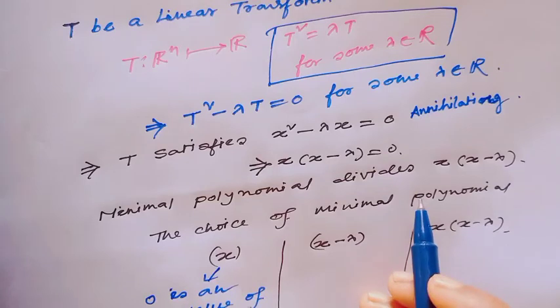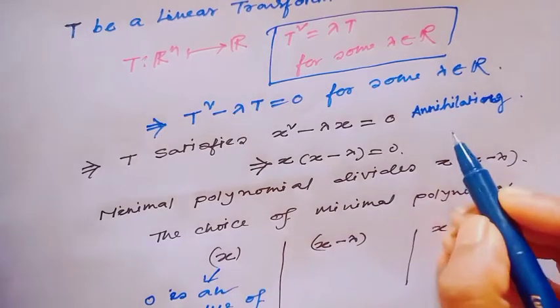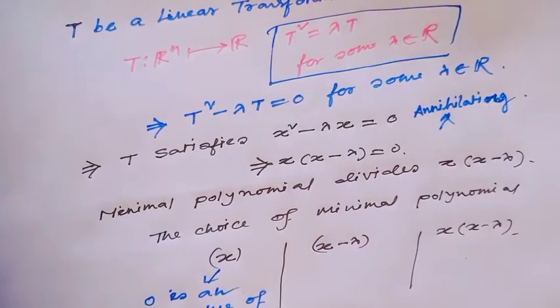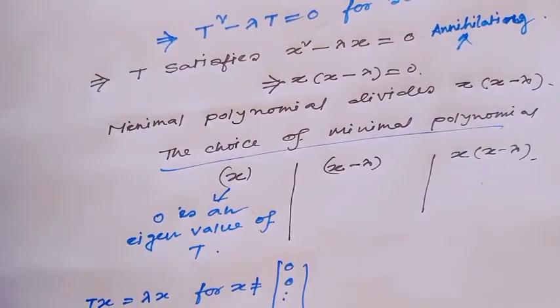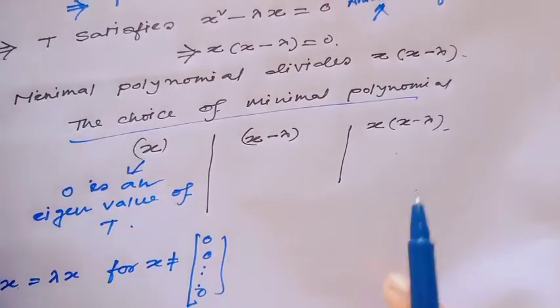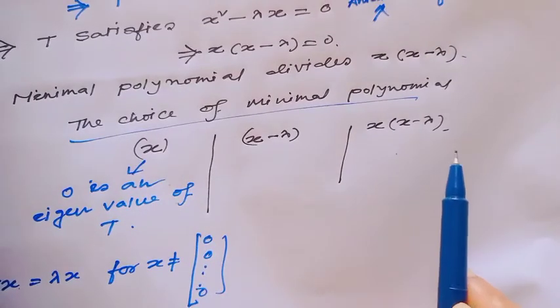And all of us know the minimal polynomial always divides this annihilating polynomial. So the choice of minimal polynomial can be either x, or x minus lambda, or x times (x minus lambda).